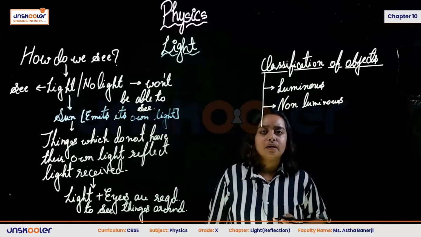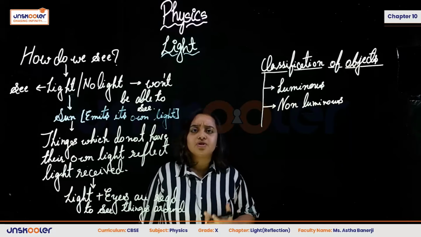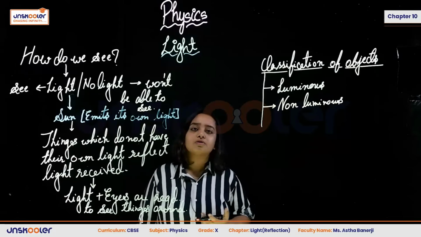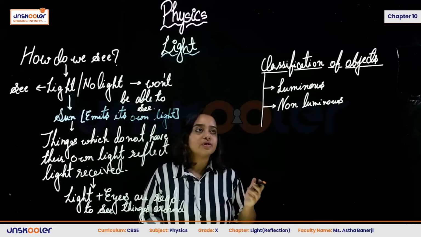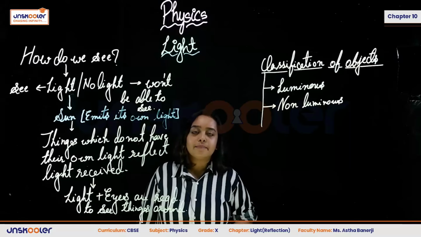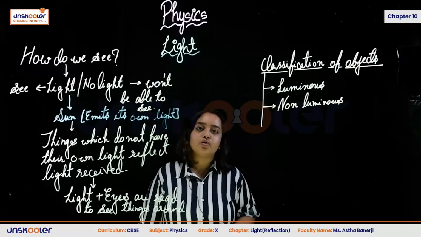For example, human beings, table, chair, this board, this marker, duster. Almost all these things are called non-luminous objects because they can't be seen in the dark and they do not have their own light which they can emit to be seen.